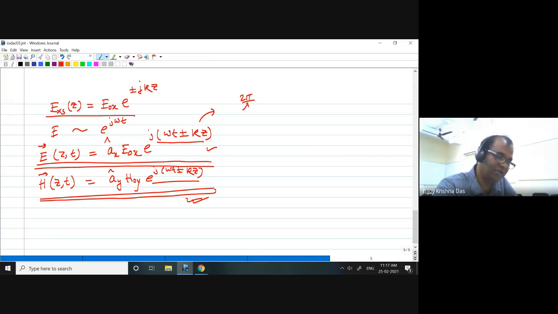Okay, but they are obviously in phase whenever you assume that this amplitude part, E0x, H0y, is real. But there are situations where you will find that these amplitudes can also be expressed in a complex form, with a real part and an imaginary part. That also satisfies Maxwell's equations.